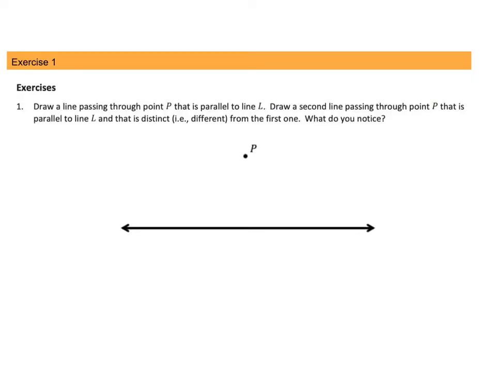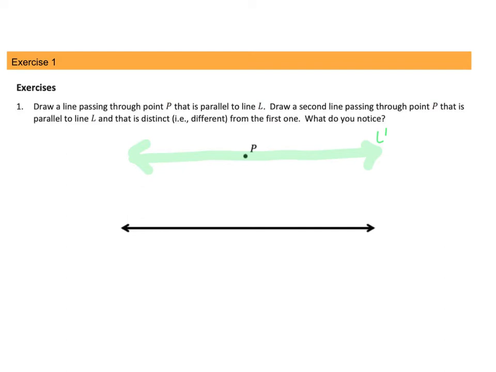All right, exercise 1. It says draw a line that passes through point P that is parallel to line L. So obviously it's not going to be perfect for me, but here's my line. Pretend that it's completely straight. It goes through point P and it's parallel to line L, and we're going to call this line L prime. What do we notice?